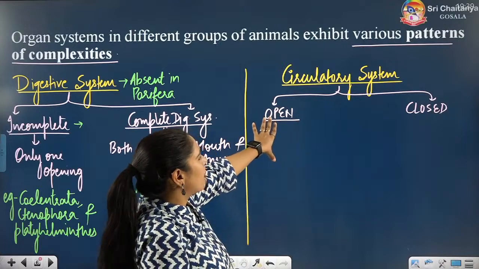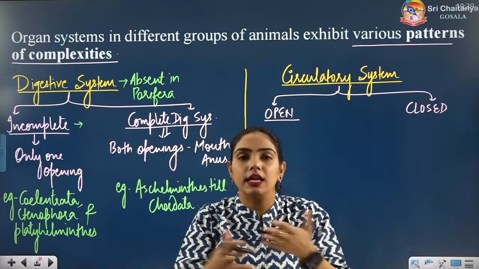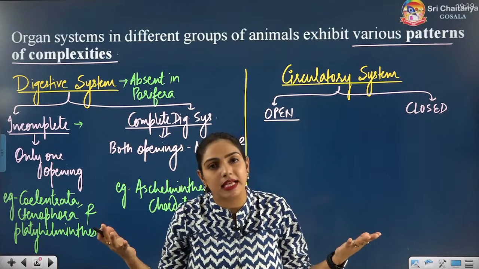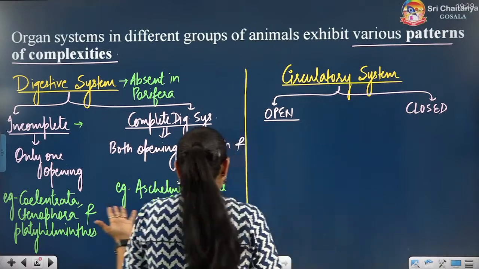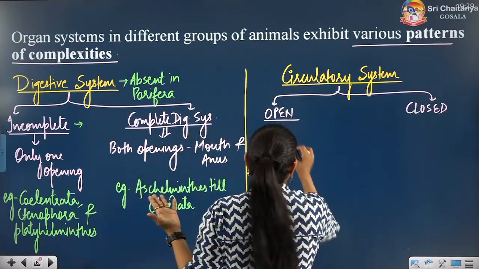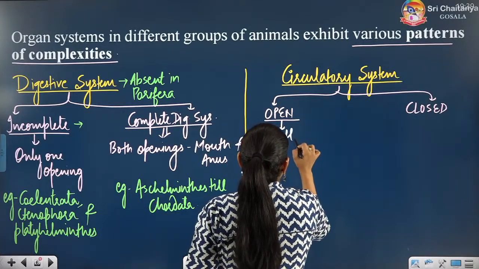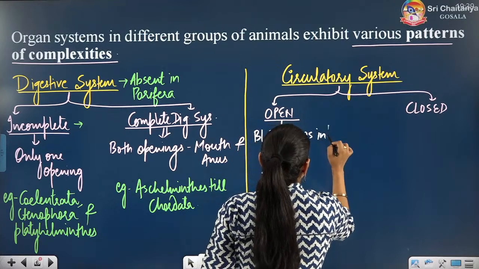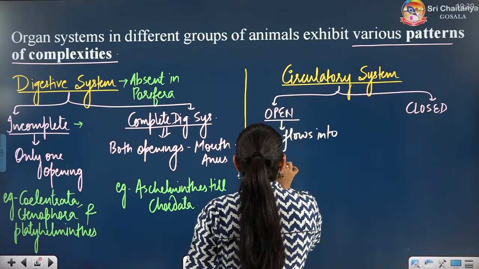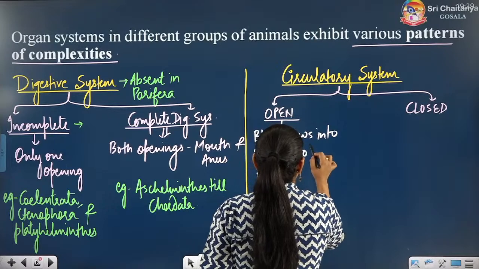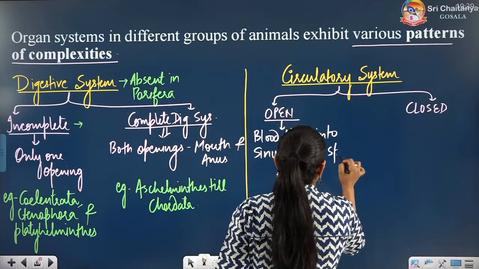If we talk about the open circulatory system, the blood is flowing into the open spaces in the body, and those spaces are known as sinuses. So here we can write: blood flows into sinuses. What are sinuses? Sinuses are open spaces in the body.